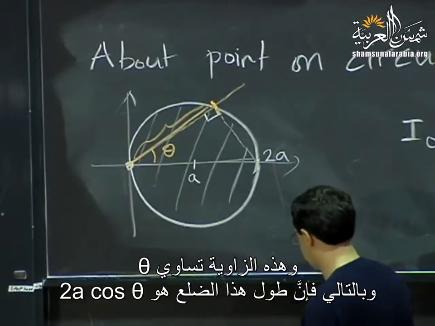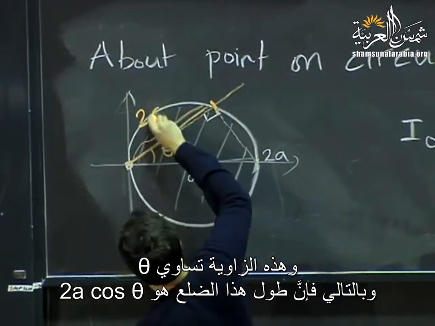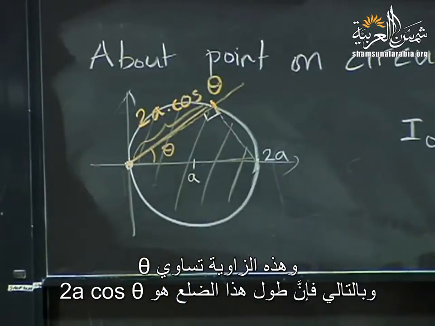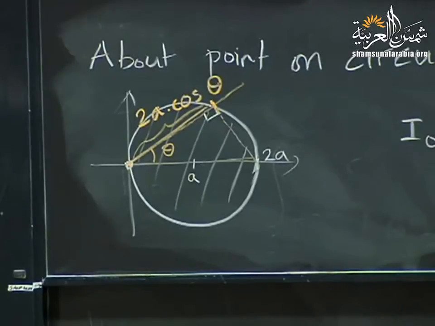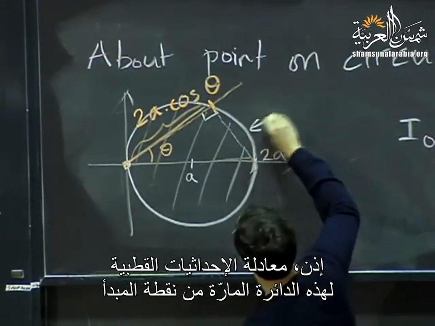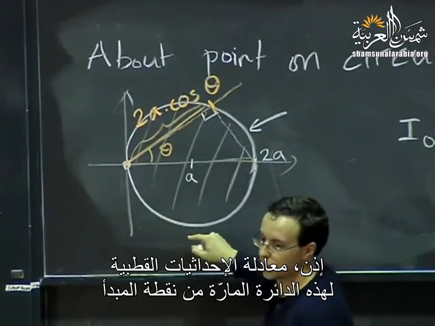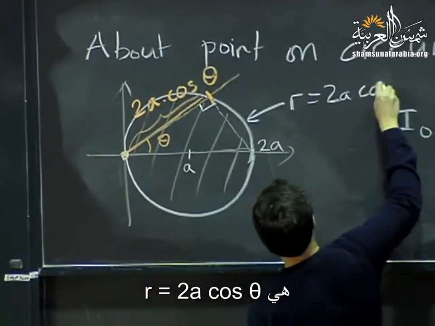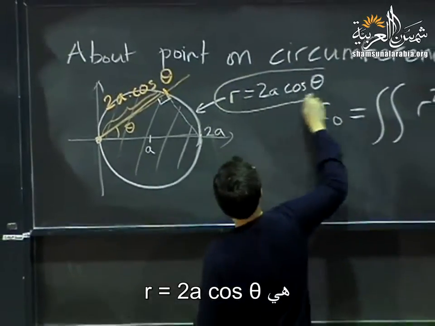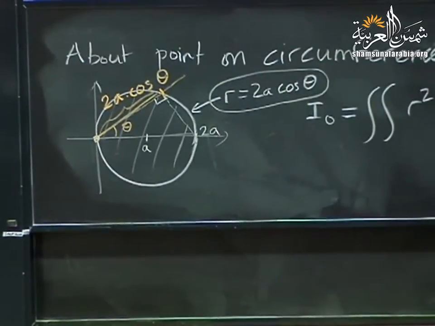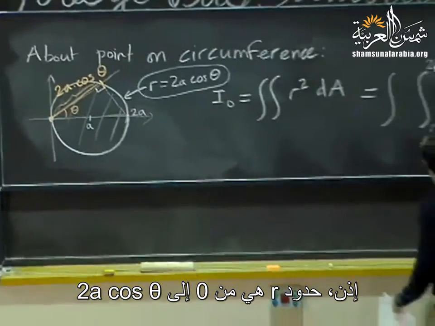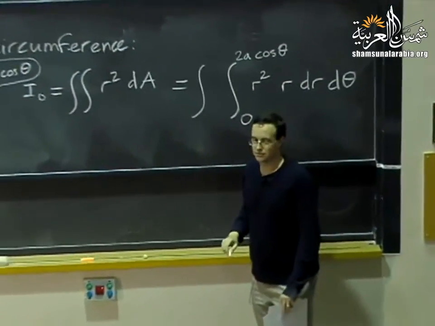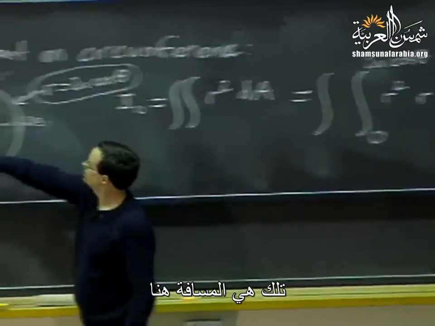Well, this length is 2a cosine theta. Okay. So the polar coordinates equation of this circle passing through the origin is r equals 2a cosine theta. So r will go from 0 to 2a cosine theta. Okay? That's the distance here.